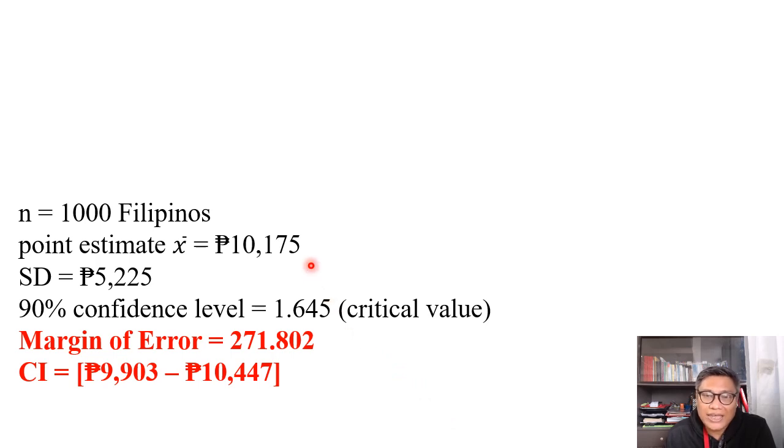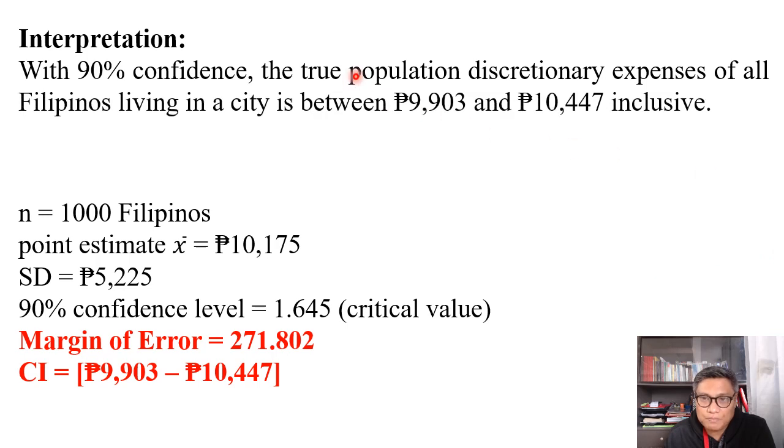So this is already the estimation based only from the 1,000 cases, with the sample mean of 10,175. We can now say at 90% confidence that the true population discretionary expenses of all Filipinos living in a city would be between 9,903 up to 10,447 pesos with 90% confidence.